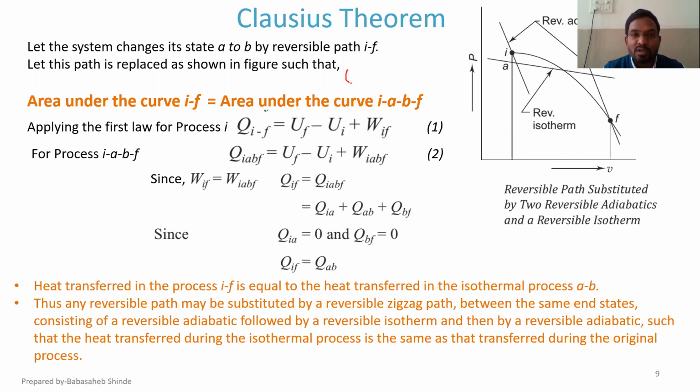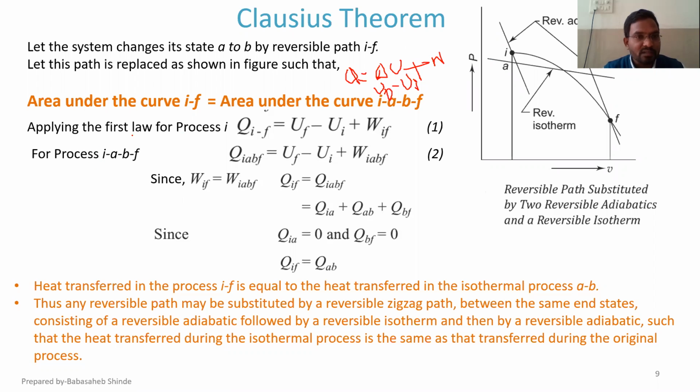We know that the first law is Q is equal to delta U plus W. Okay, delta U will be equal to internal energy at final stage minus internal energy at initial stage. This statement we are going to use over here. So for process IF, the relation will be QIF is equal to UF minus UI plus WIF, because F is the final stage, I is the initial stage. So this is the relation for process IF.